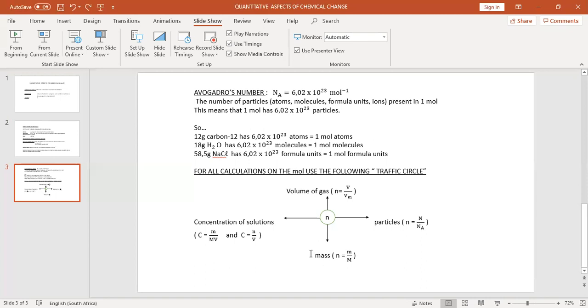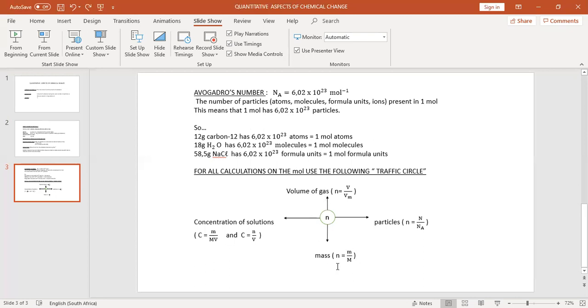If I give you mass, let's say I give you a gas like carbon dioxide, and I say, what volume does it occupy at STP? What does that mean? I'm here at mass. I need to get to volume. So I've got to go from mass to change it to mole to change it to volume. How do I do that?